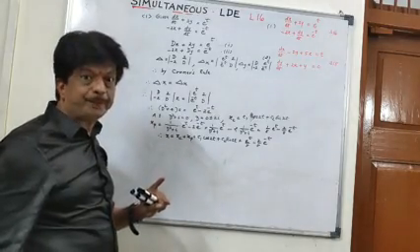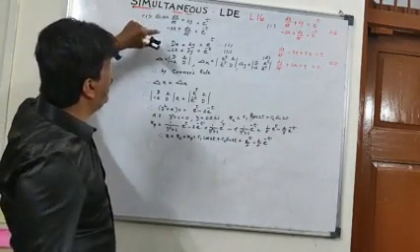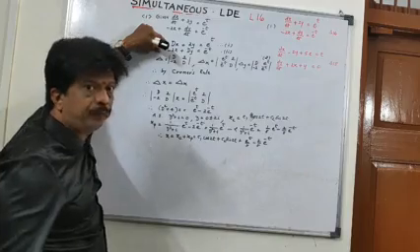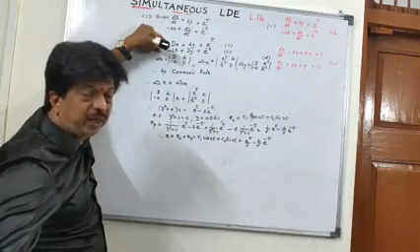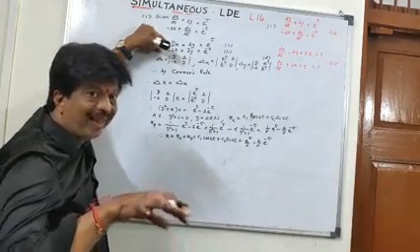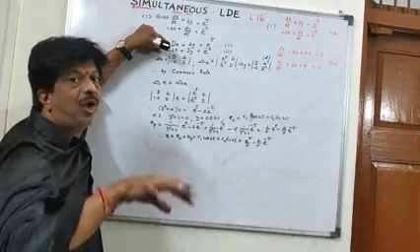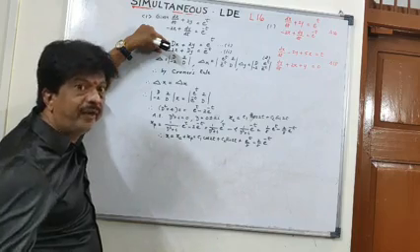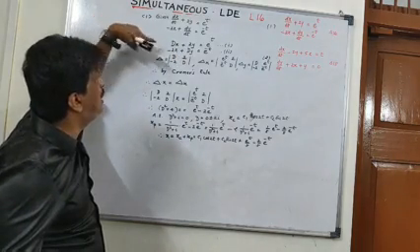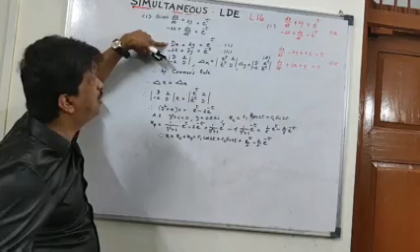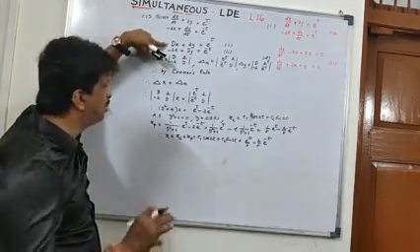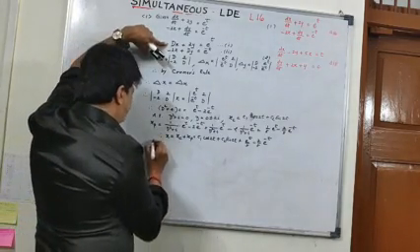Now how to find out y? Consider any one of these two equations, and specifically consider only that equation which contains y, which does not contain dy by dt, the derivative of y. So which equation contains? The first equation contains purely y. So consider equation 1.